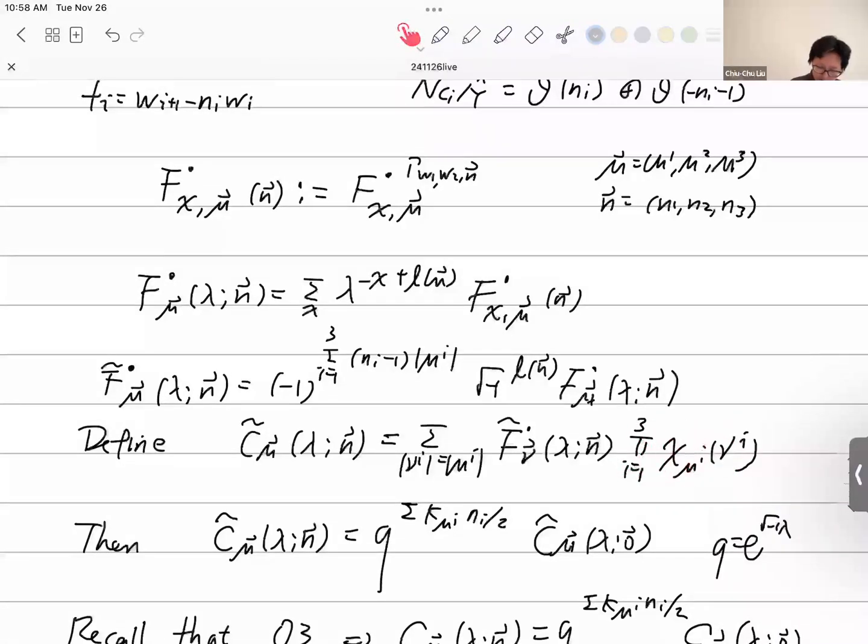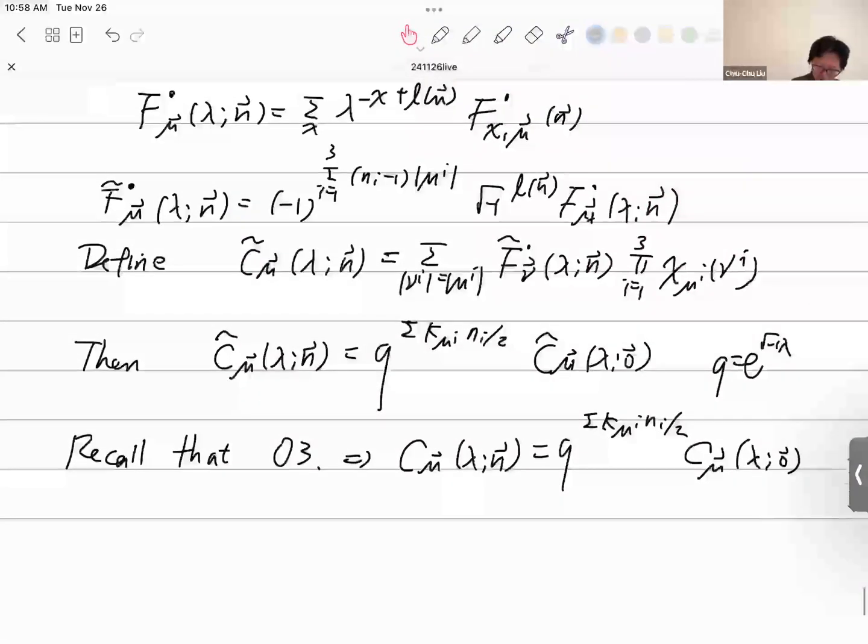After we make this change, our invariant defined in terms of formal relative Gromov-Witten invariants has the same framing dependence as the C predicted by AKMV. Right, so we compare it with this, and our gluing formula also coincides with their formula.